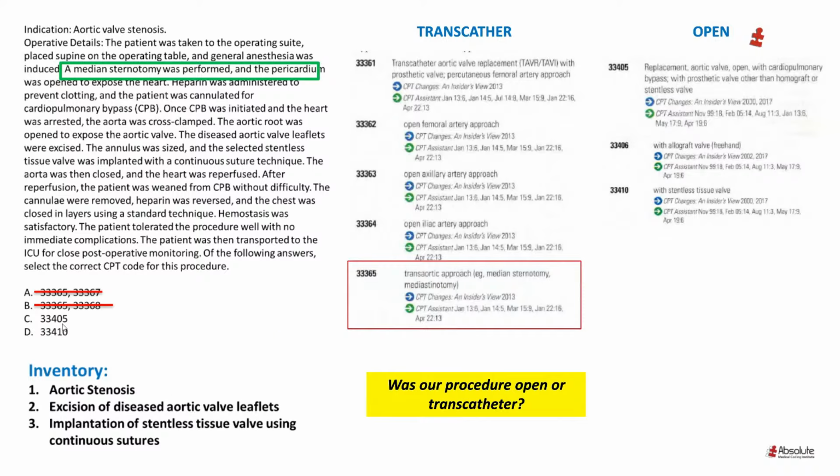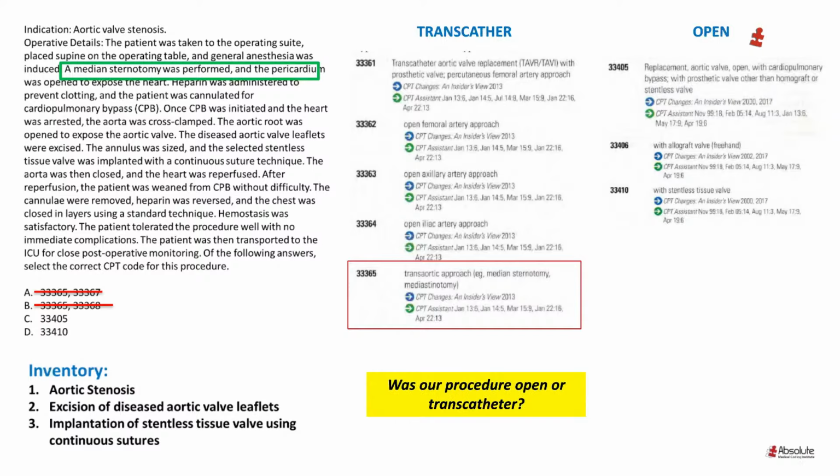Now we're left with 33405 and 33410. And it's just a matter of us reading. 33405 is the code for replacement of aortic valve, open, with cardiopulmonary bypass, with prosthetic valve other than homograft or stentless valve.